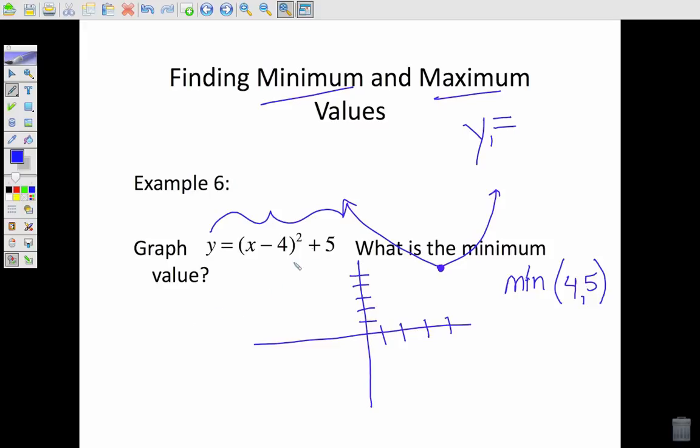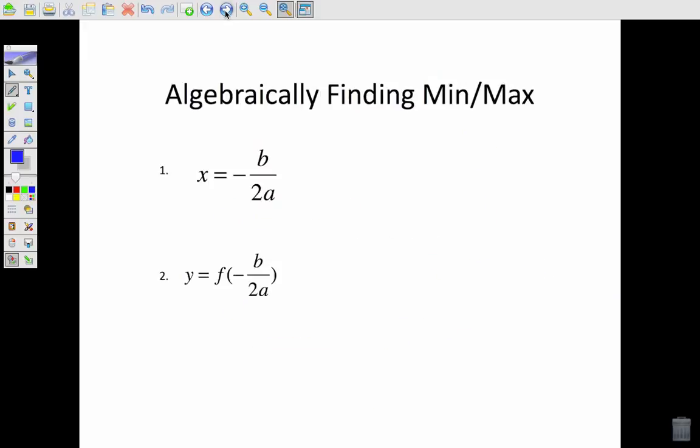Okay. You can always go through the process to put your quadratic into this form by hand and then be able to identify your vertex. The vertex will correspond to the minimum or maximum. All right, there's another way for us to find that minimum and maximum, or finding your vertex, because that's really where it's going to occur.